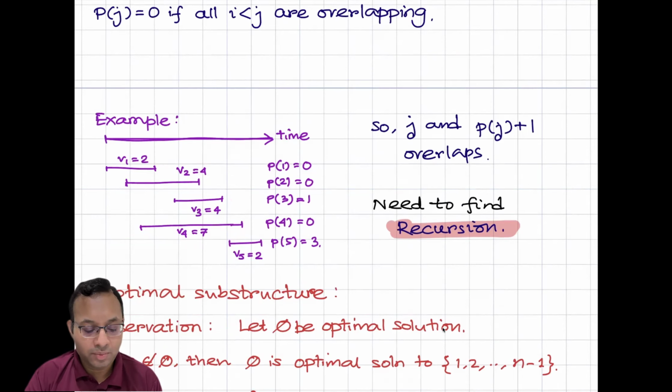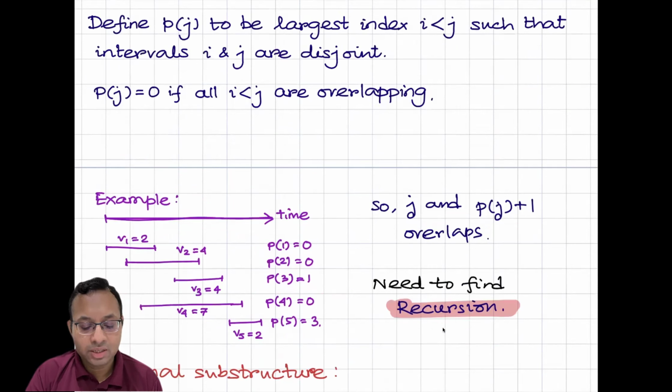After 3, everything is overlapping, but 3 is the largest index such that all the jobs before 5 and after 3 are intersecting. Similarly, P4 intersects with all of the previous jobs 3, 1, and 2, so it's 0. P3 intersects with 2 but not 1, so P3 equals 1. P2 and P1 intersect with all the previous jobs, so they are 0.